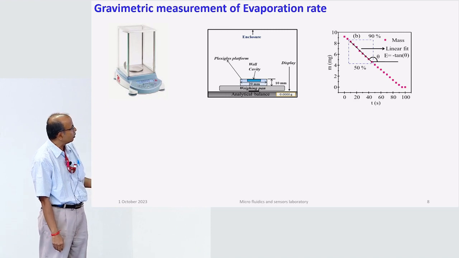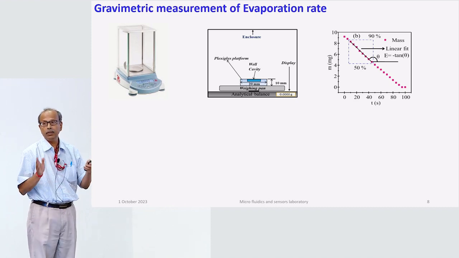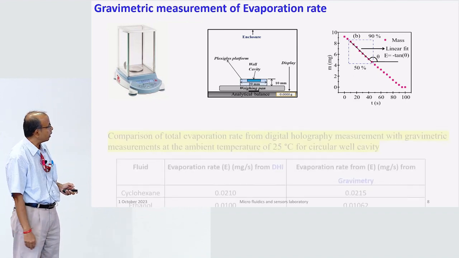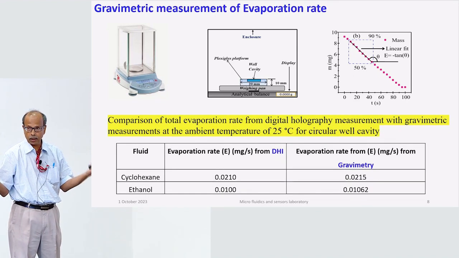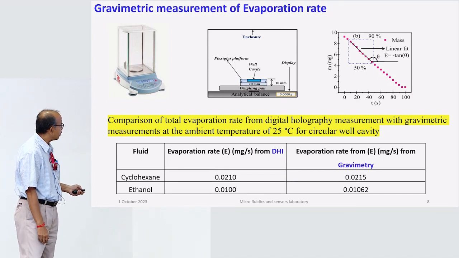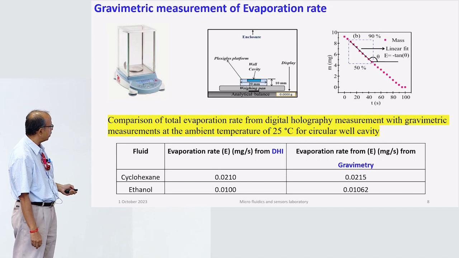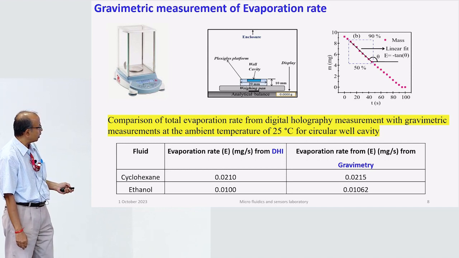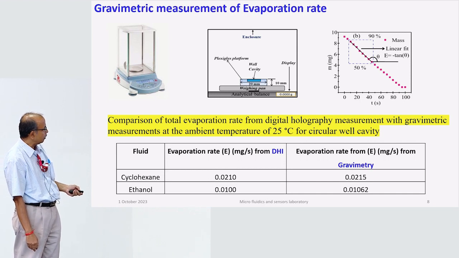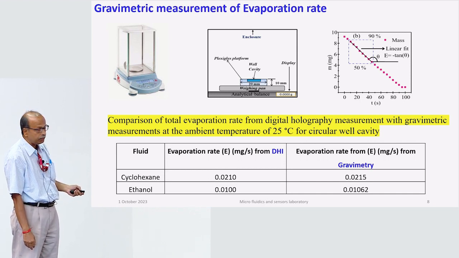Then we used the range from 90% to 50% and did a linear fit to calculate the evaporation rate. We have the holographic data for the same case. Taking two fluids here, this one gives the evaporation rate from holography, and this gives the evaporation rate from gravimetry.